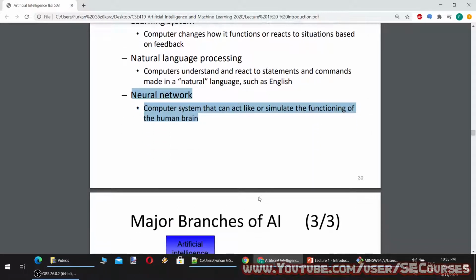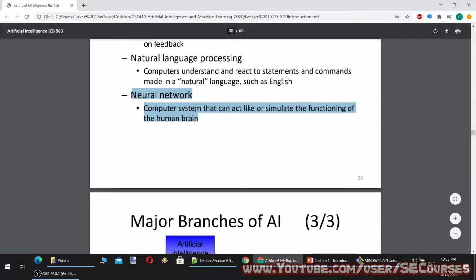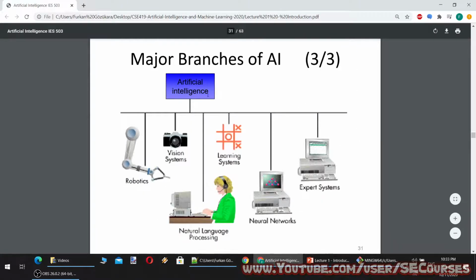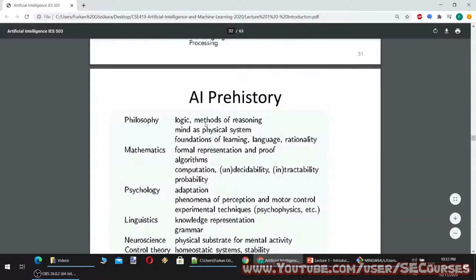Neural network: a computer system that can act like or simulate the functioning of the human brain. Okay, so the major branches: robotics, vision systems, learning systems, natural language processing, neural networks, and expert systems.